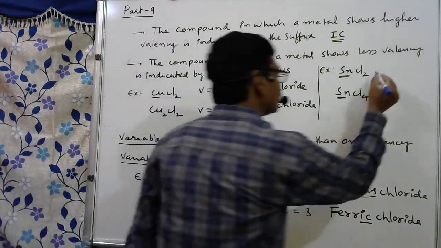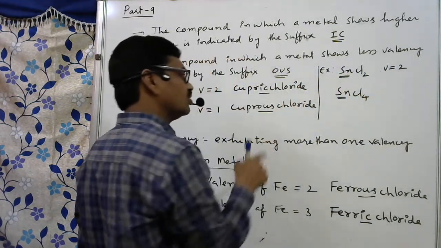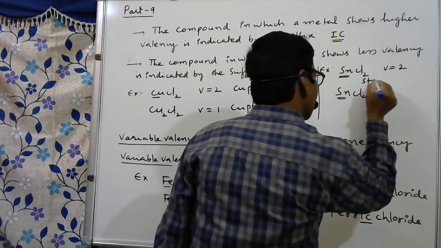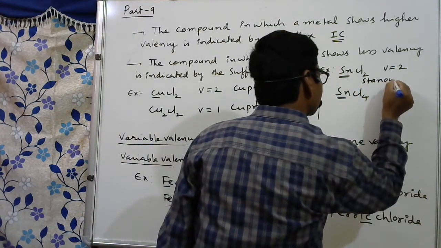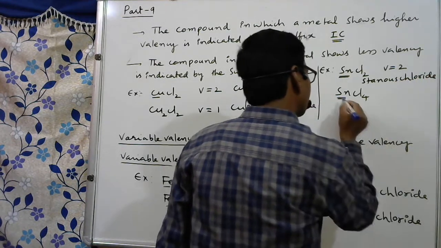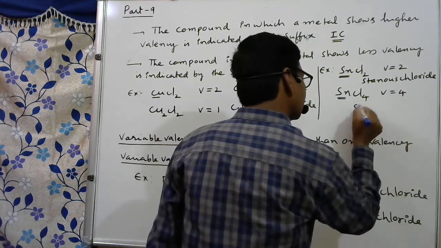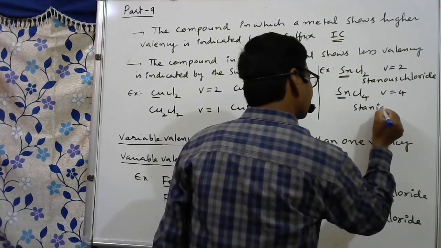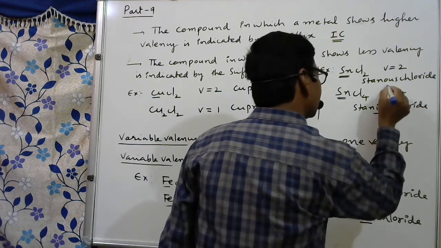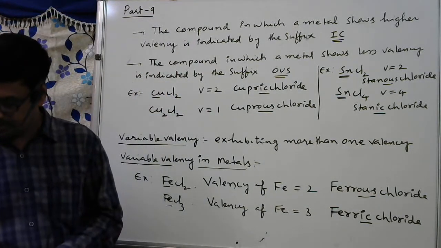Here V equals 2, because 2 chlorines are attached to stannum. So this is stannous chloride. Here V equals 4. This is stannic chloride. When you have to use ic and when you have to use ous, that you should know.